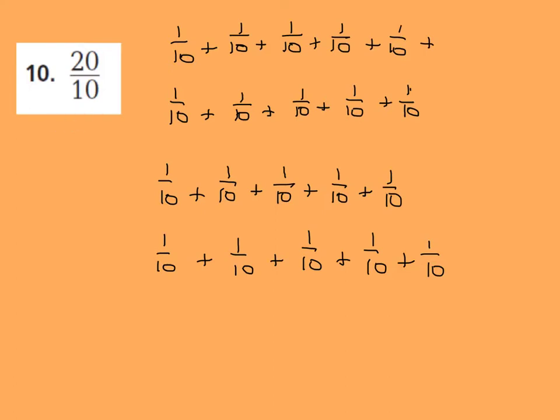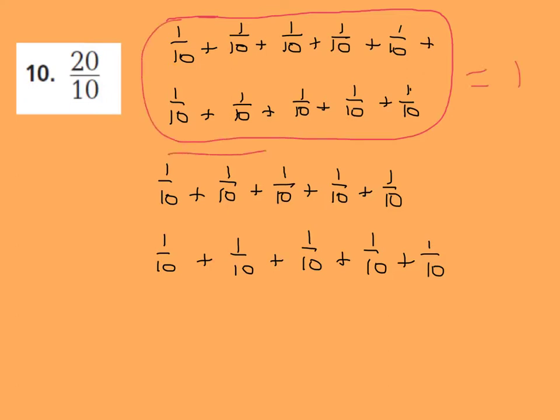So I'm going to group 10/10. That's going to be 1, 2, 3, 4, 5/10, 6/10, 7/10, 8/10, 9/10, 10/10 equals 1 whole. And I have another 10/10 right here equals another whole. Therefore, 20/10 is the same thing as 2 wholes, and there's no fraction left over, or no remainder.